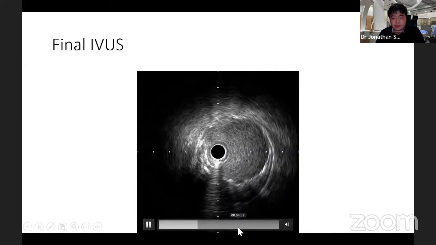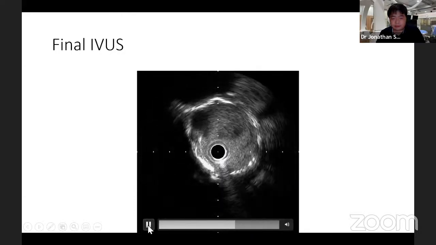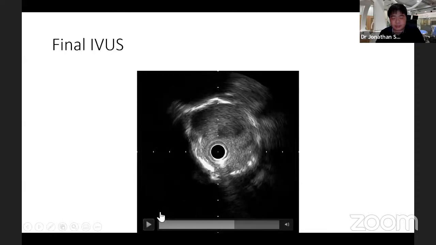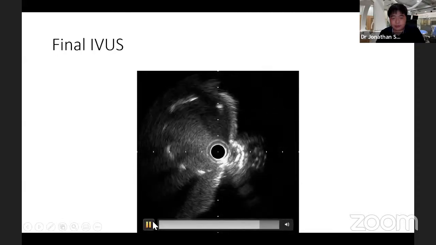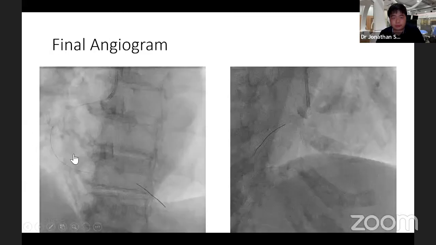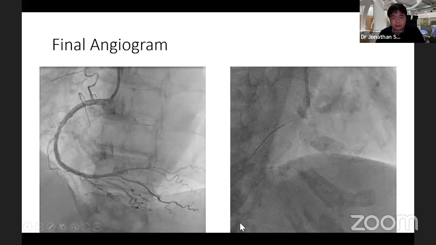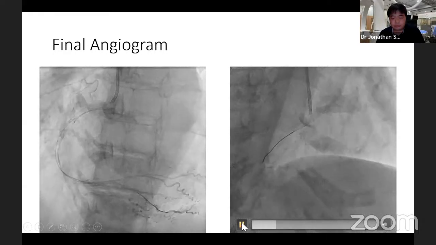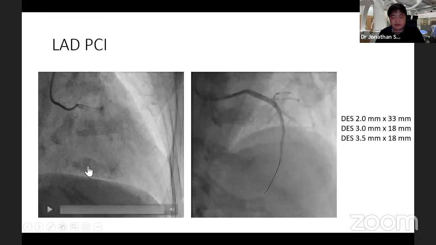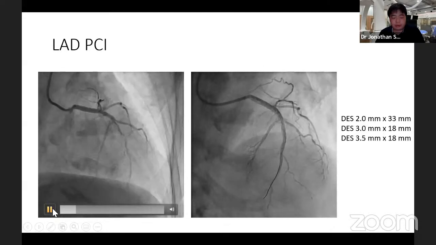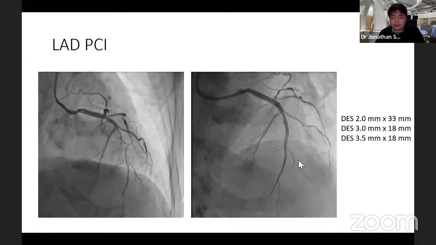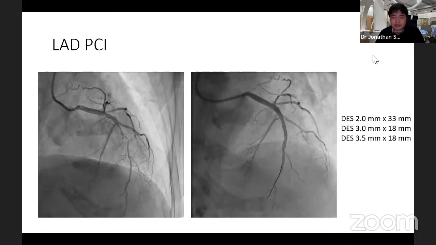And this is the final IVUS. The stent expansion is actually not bad, given how hard and how small the lesion was to begin with. And here's the final angiogram. The left side was relatively more straightforward. We put in 3 overlapping drug-eluting stents.